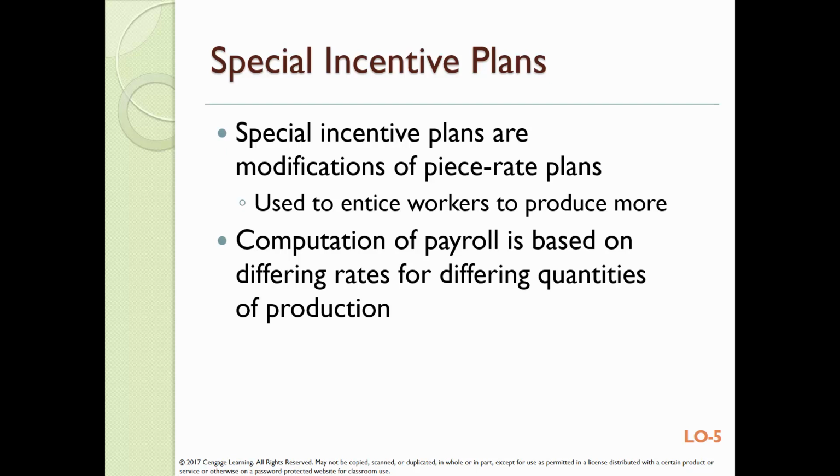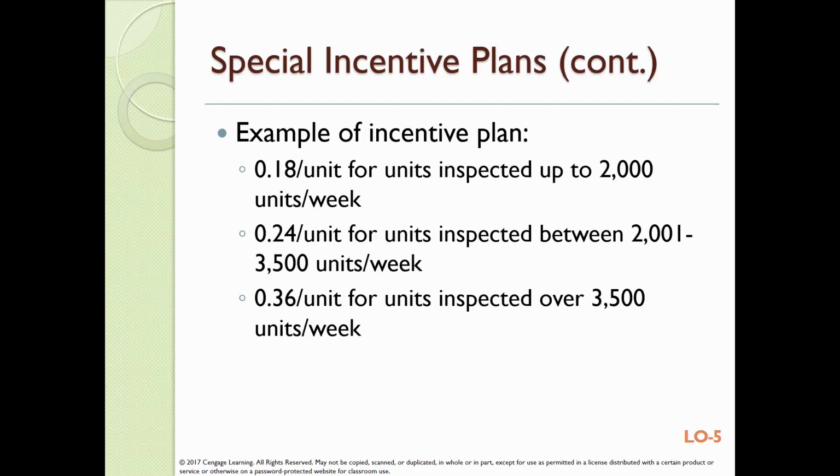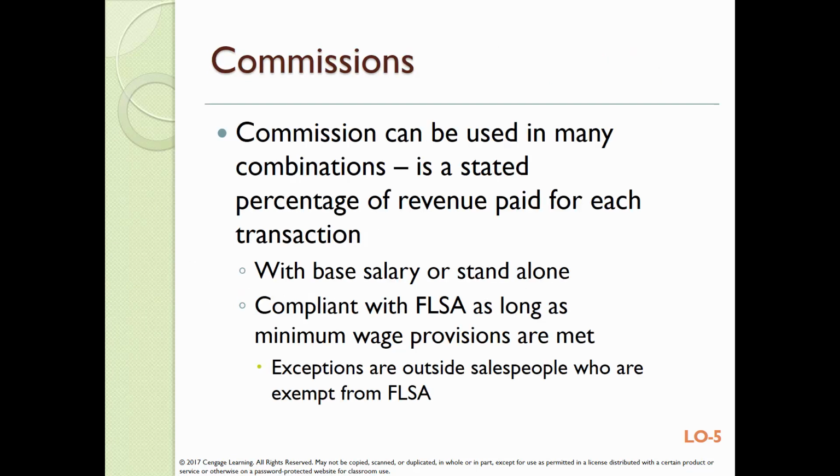But it's just really a matter of reading a table and putting it in the different parentheses, right? So I'm paid in increments. So 18 cents for these units, 24 for the next set, 36 for after that. I can pay you on commission. I can pay you flat commission. I can pay you commission plus base. I can do whatever we agree to as long as you're on minimum wage.